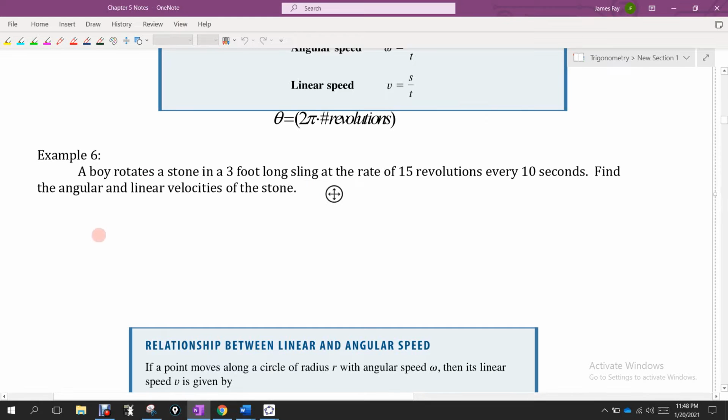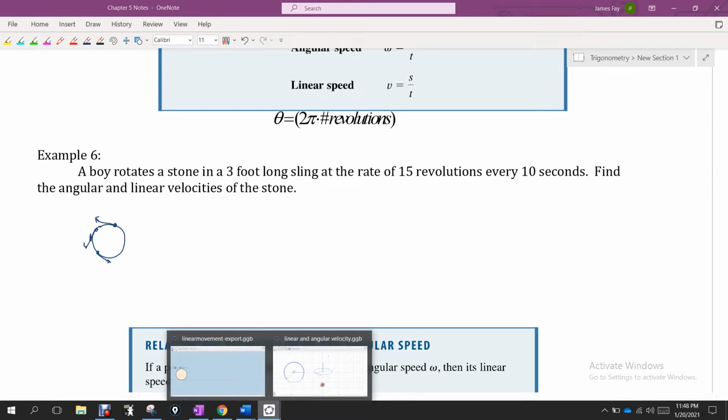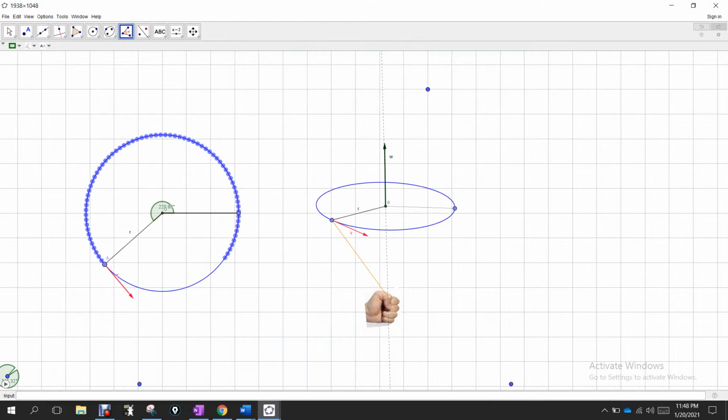Okay, so I like to draw a little picture. So we've got our stone, and it is going to be moving along this circumference. I like to draw these tangent lines to give me the idea, kind of like that image here was doing. That tangent line is showing the direction.